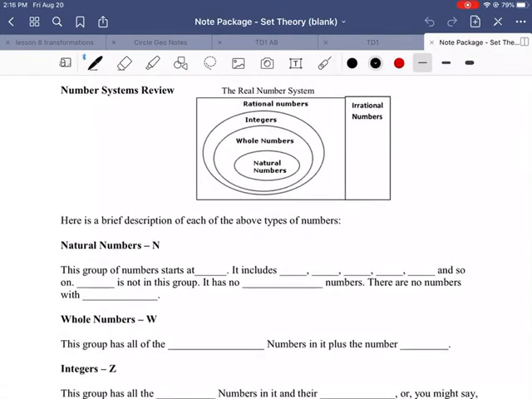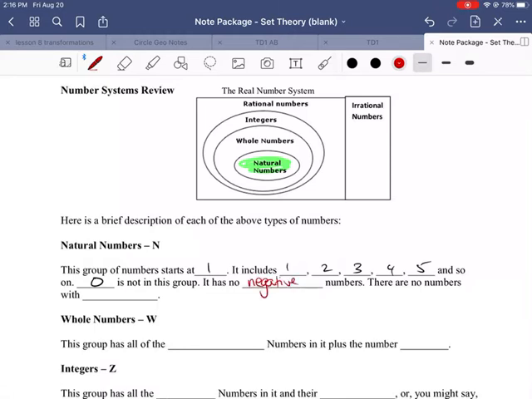So the first set of numbers, which is like the smallest set of numbers here, is natural numbers. It's a group that starts at 1. It includes 1, 2, 3, 4, 5, and so on. To note, 0 is not part of this group, and it has no negative numbers.